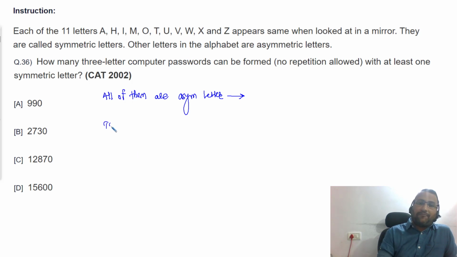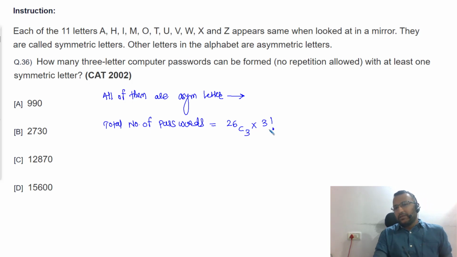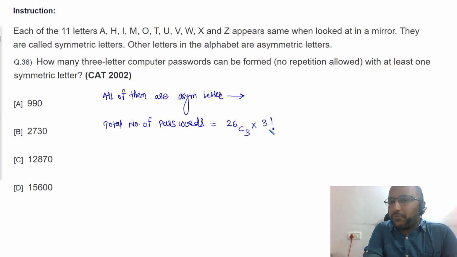So total number of passwords are going to be how much? Let's have a look at it. Total number of 3-letter passwords without repetition is equal to, out of 26 letters, choose 3 letters and the arrangement of those 3 letters. These many 3-letter passwords are possible without any condition.